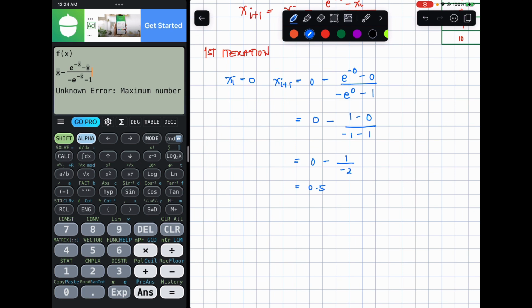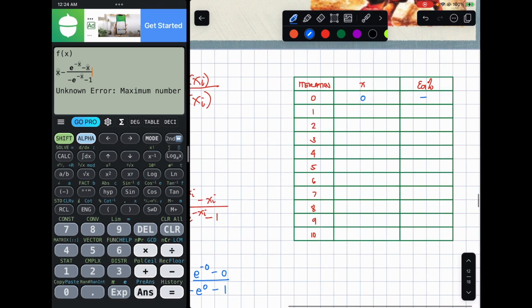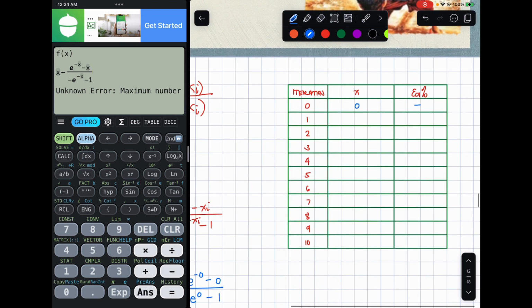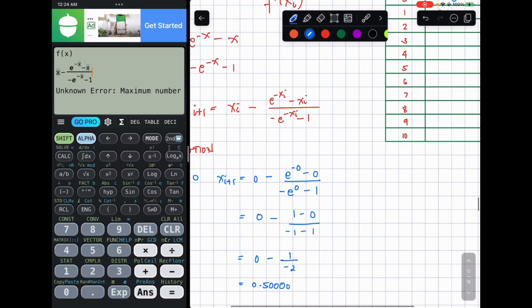So we get 0.5. For our first iteration, when x sub i is 0, this would be 0.50000. Obviously this will be 100 percent, because 0.5 minus 0 over 0.5 is 100 percent.